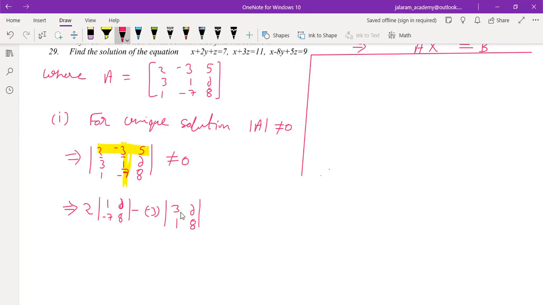Plus the third element is 5 into determinant obtained by deleting first row and third column, as 5 is the element of first row and third column. So the remaining elements are 3, 1, 1, minus 7, and this must not be 0.